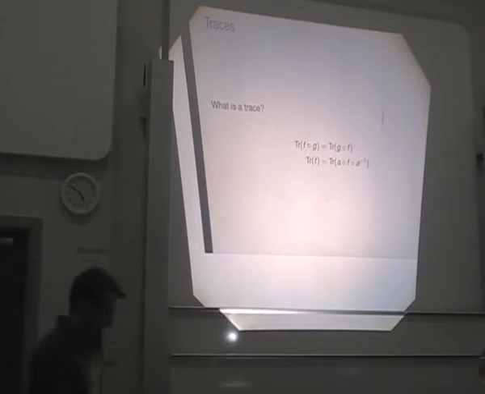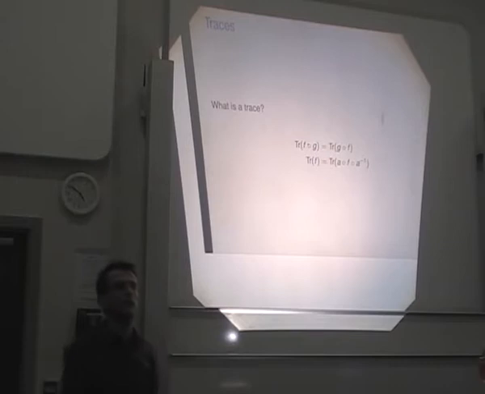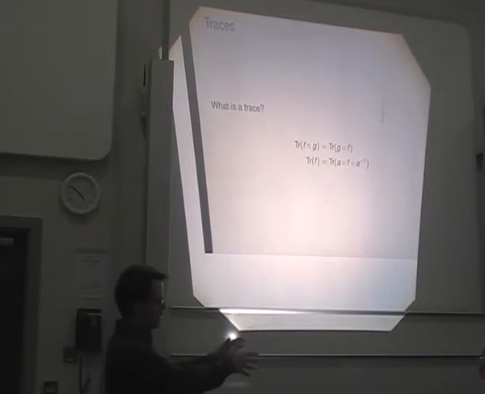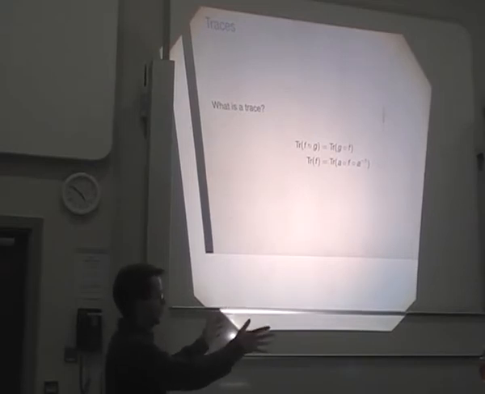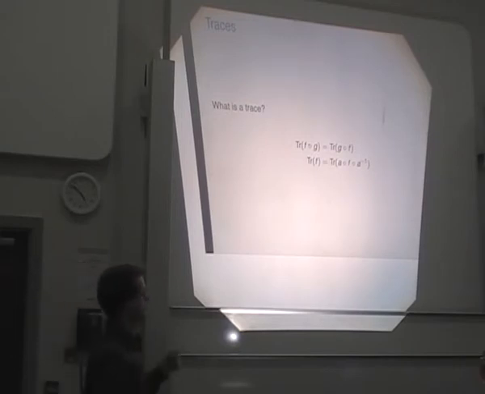Thinking about matrices, I have a good idea of what the determinant of a matrix is. My geometric way of thinking about it, it's telling me how much it's altering the volume of things. If I apply a matrix to some figure sitting inside some n-dimensional space, then the volume will change in a way which is described by the determinant of the matrix. Whereas the trace, certainly the way we introduce it in linear algebra, is to sum up the diagonal entries of the matrix.